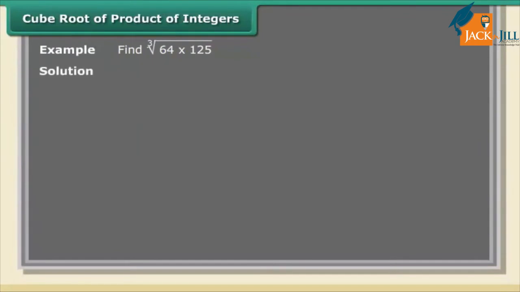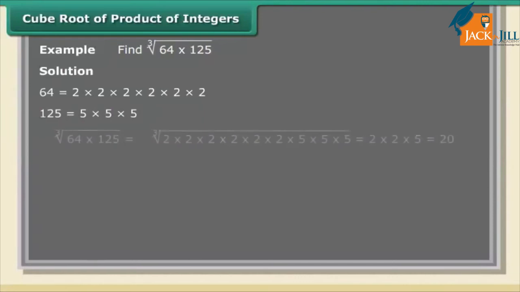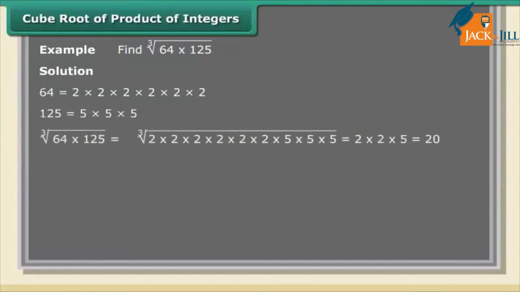Solution. 64 is equal to 2 × 2 × 2 × 2 × 2 × 2. 125 is equal to 5 × 5 × 5. The cube root of 64 × 125 is equal to the cube root of 2 × 2 × 2 × 2 × 2 × 2 × 5 × 5 × 5, which is equal to 2 × 2 × 5, which equals 20.